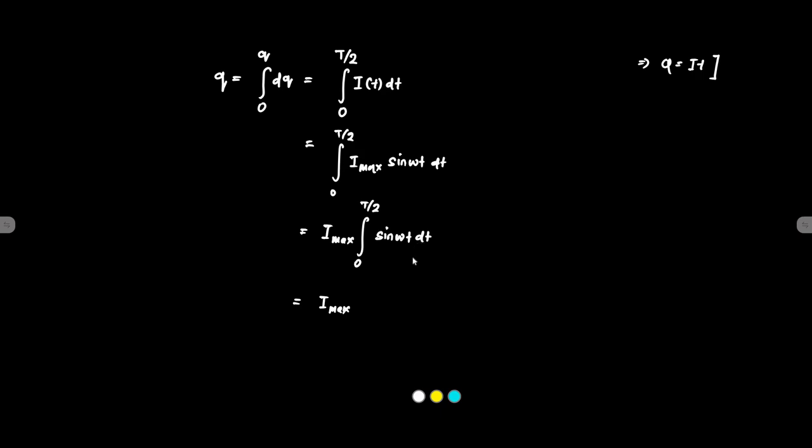So this becomes I max by omega times minus cos omega t, since the integration of sine is minus cos, with T by 2 the upper limit and 0 the lower limit.